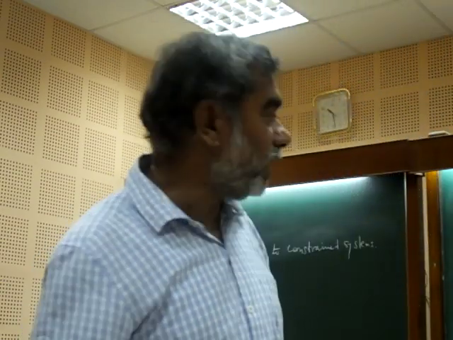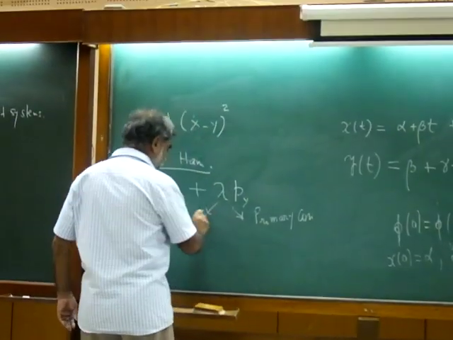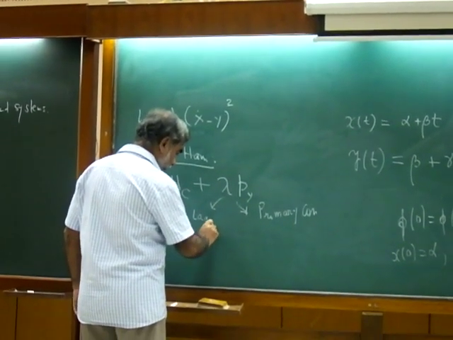But if, apart from the action, you have stated that the system is moving on a definite trajectory, then you include the constraint by introducing a certain Lagrange multiplier. This lambda is nothing but a Lagrange multiplier. You can just think of it in those terms.